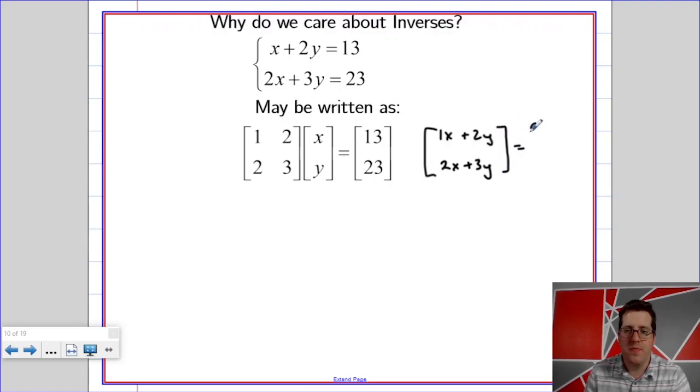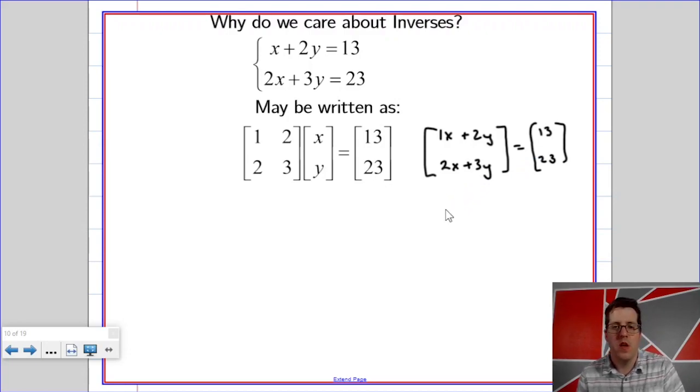We learned that equal matrices have to have equal elements, which means that this element, 1x plus 2y, has to equal 13, and 2x plus 3y has to equal 23. So it's a way of representing a system.